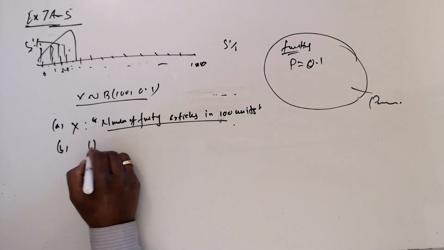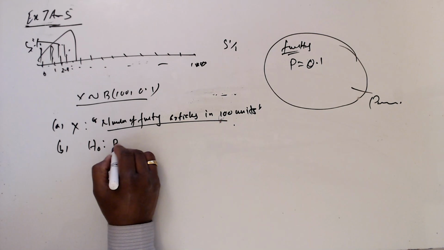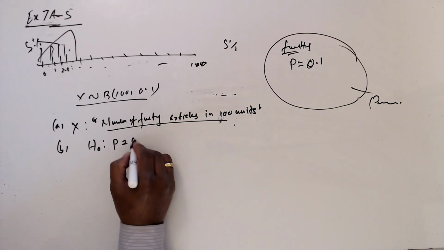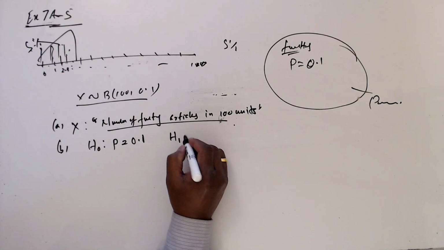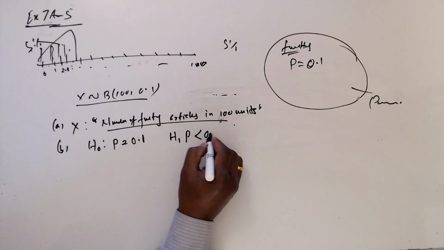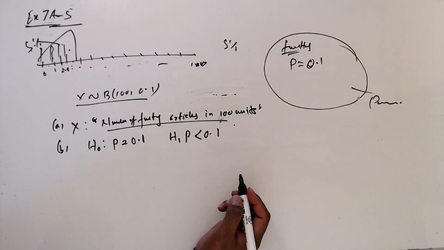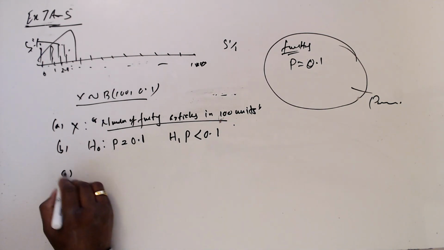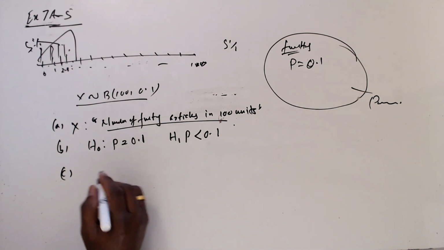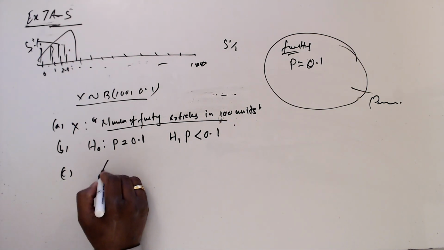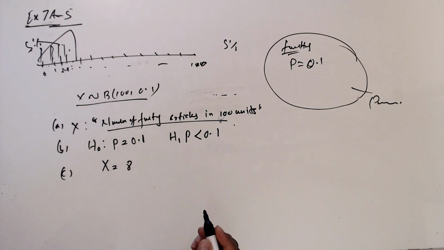So null is always from the population. It says 0.1. Now the alternative one is P less than 0.1. Explain the condition under which the null hypothesis is rejected. So how many do they pick? 8. So the test value is 8 now.